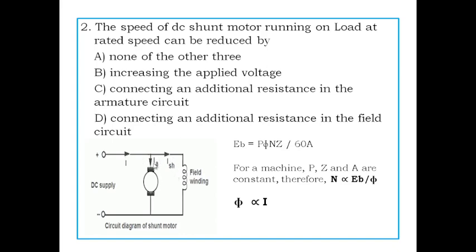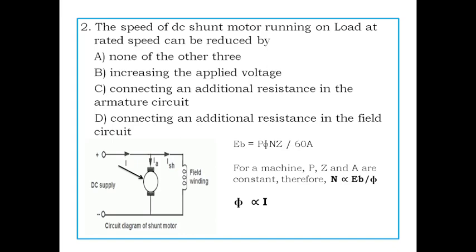So if you include some resistance in the armature, the current flowing in the armature will get reduced, but the total current I will remain the same. So the remaining current will flow through the field winding, and more flux will be developed in the winding. When flux is increased, speed will be reduced.